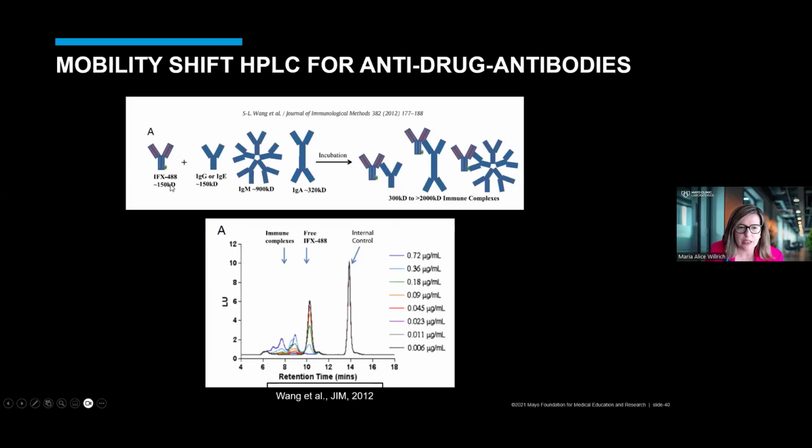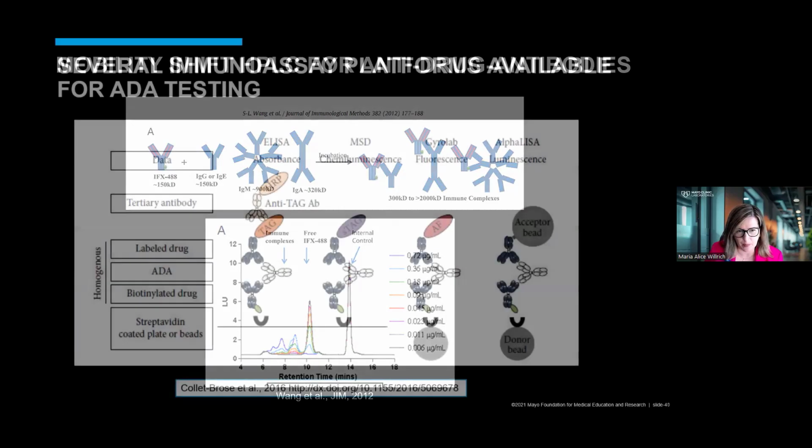So here you can see infliximab is labeled with this 488 fluorophore, and when bound to any anti-drug antibody, it will form complexes of different sizes. And you can see on the bottom image here, the immune complexes have different size, and if you have a standard curve, you can quantify the amount of anti-drug antibodies present.